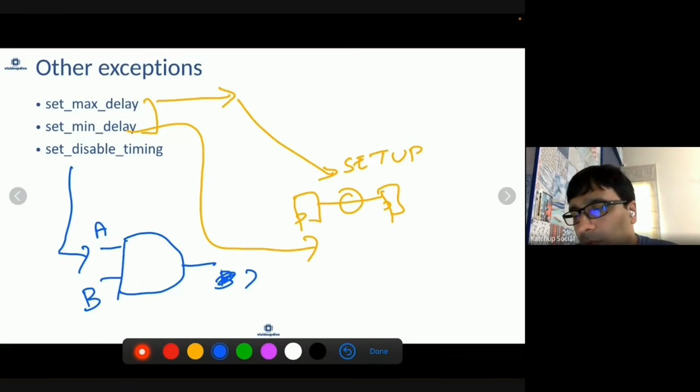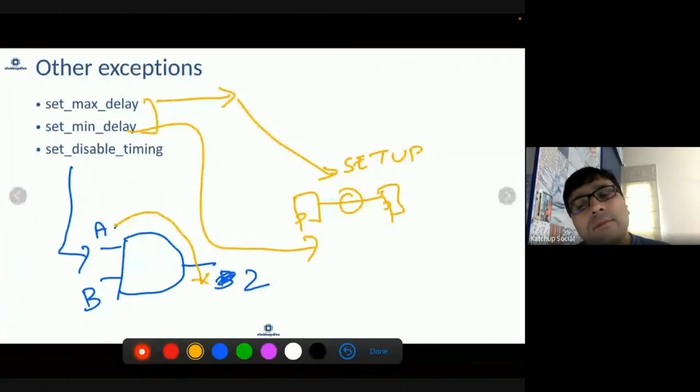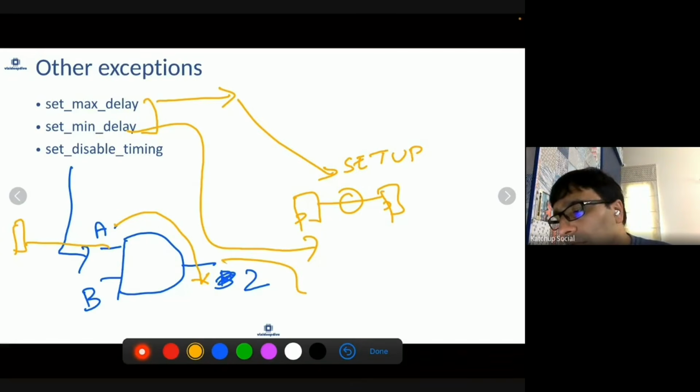You can tell the tool, disable the timing from pin A to pin Z. Then the tool will not use that value for delay calculation, or if this is part of some path, that path won't be timed.